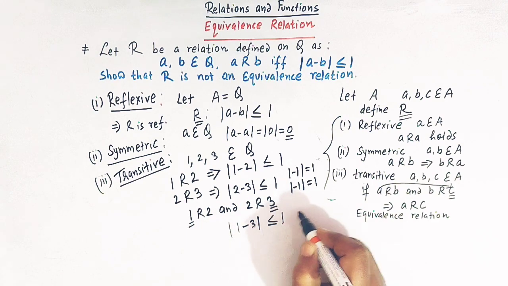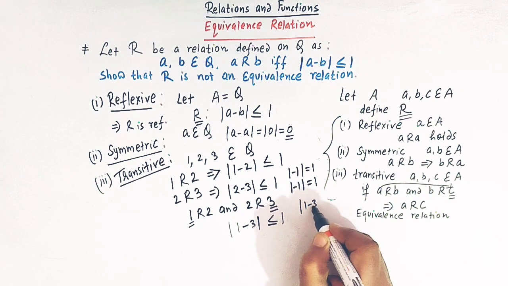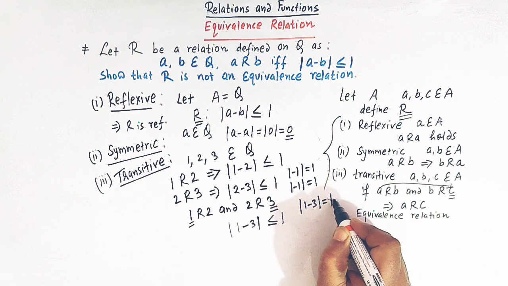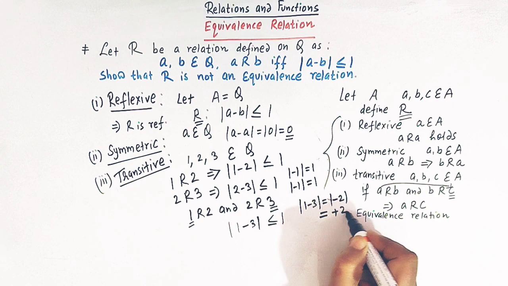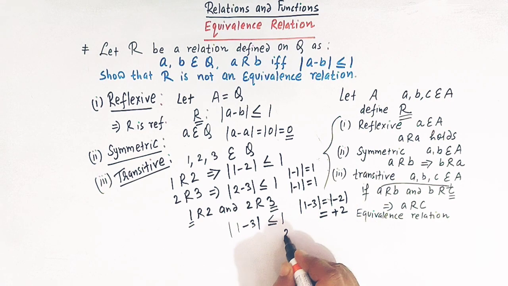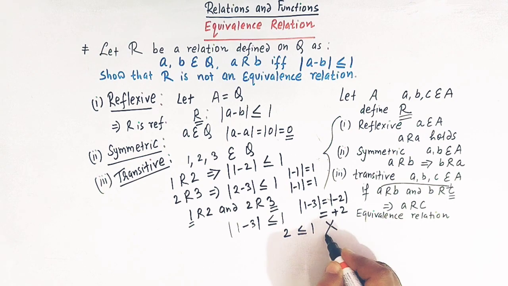So mod of 1 minus 3 is equal to mod of minus 2, which is equal to plus 2, right? And we can see that 2 cannot be less than or equal to 1, right?